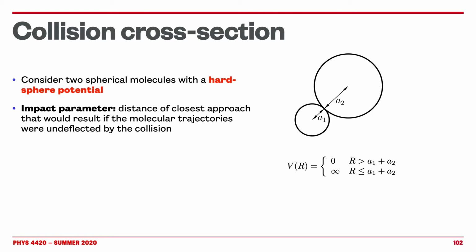Now, that also means that if the other particle has an impact parameter A2, we have the same thing for that particle. And so we are going to define what's called the hard sphere potential. The hard sphere potential is essentially the simplest potential. It says that if the distance is larger than A1 plus A2, there's no interaction whatsoever. But if the distance is smaller, then there is a perfect interaction and collision.